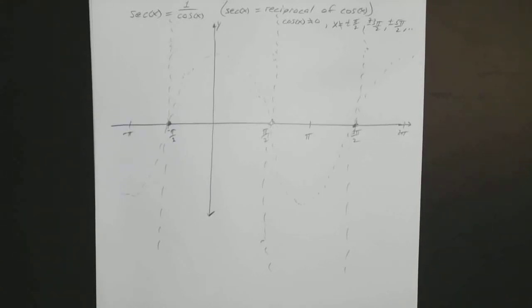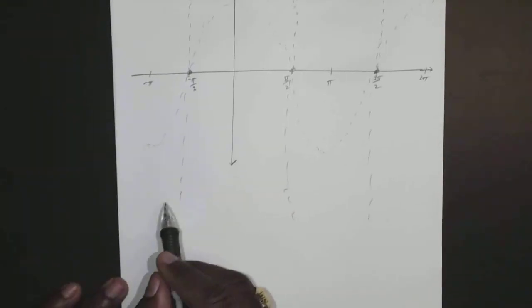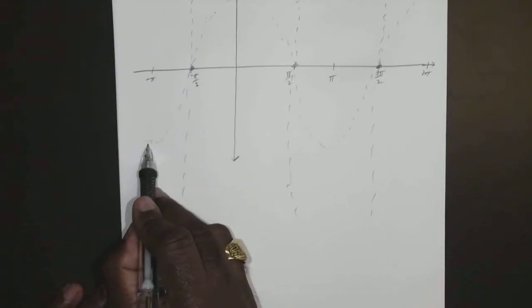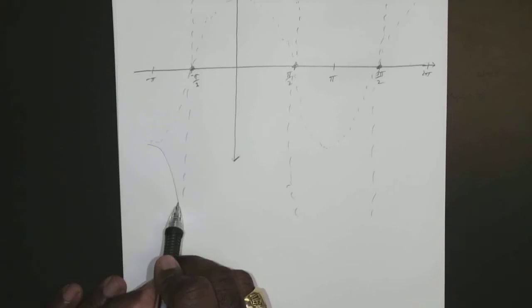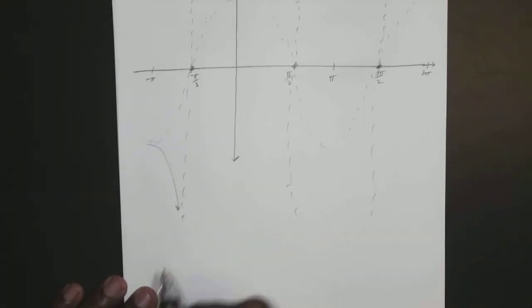Just like cosecant is a reciprocal of sine, secant is a reciprocal of cosine. So wherever we have our cosine, we just flip it. Here it flips down there.